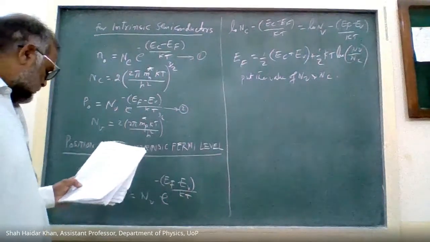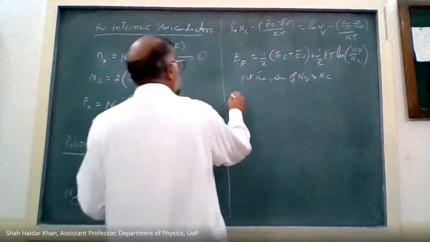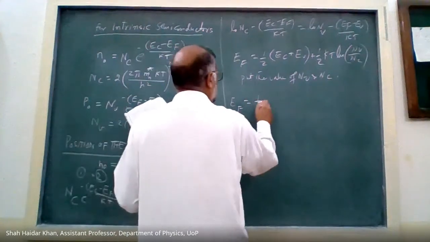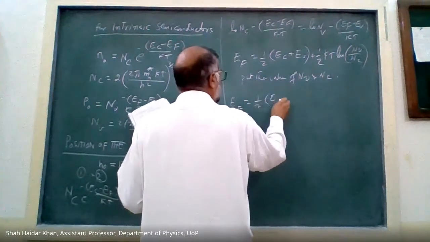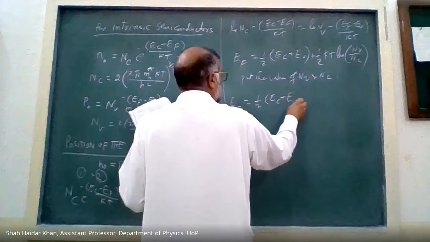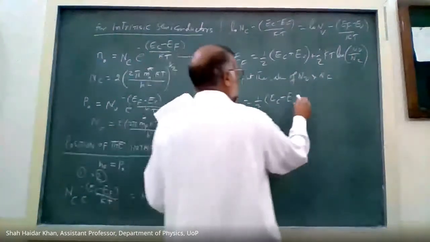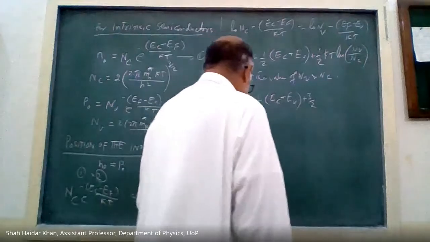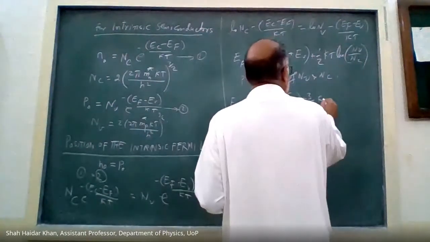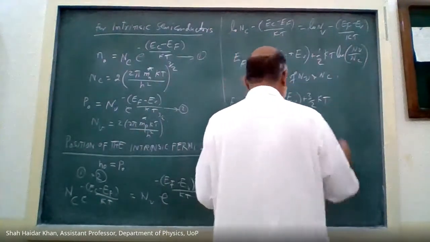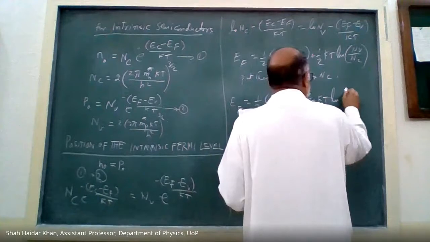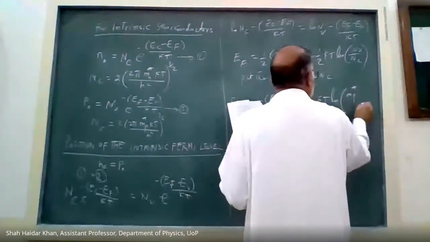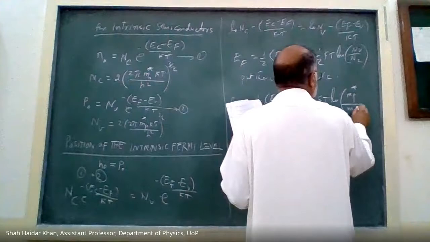So EF will be equal to 1 over 2 (EC plus EV) plus 3 by 2 KT log of Mp star divided by Mn star.